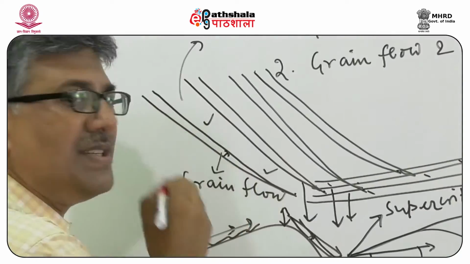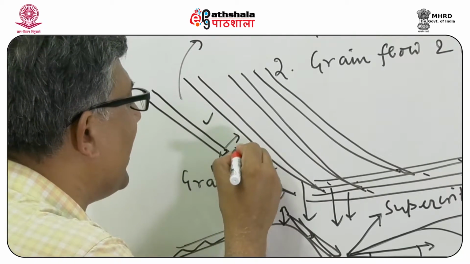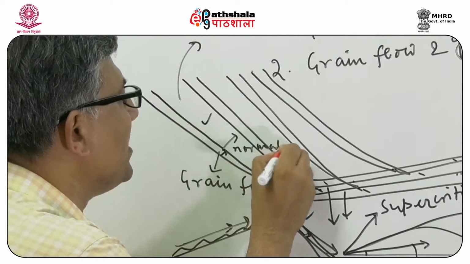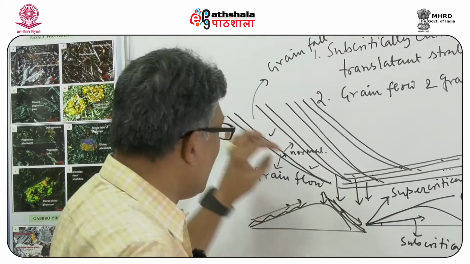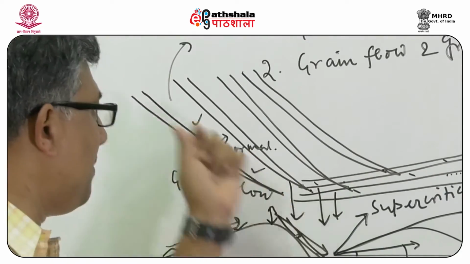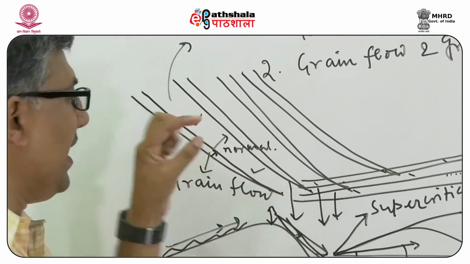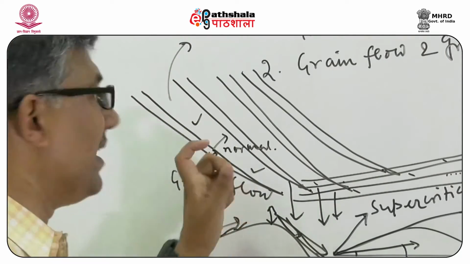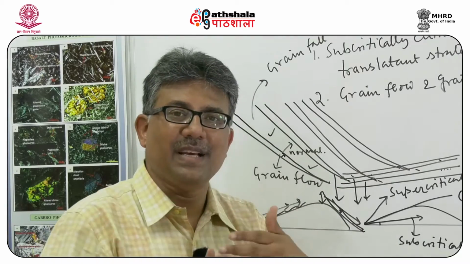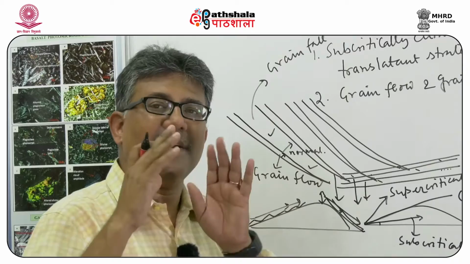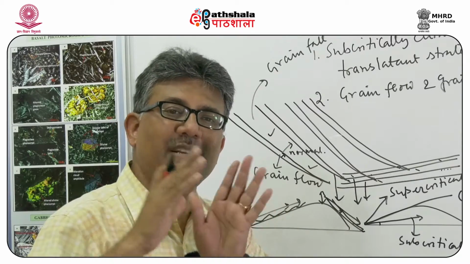Because it is suspension settlement, I will expect normal grading here. So you have grain flow wedging downward, grain fall wedging upward. Grain flow is internally reverse graded, grain fall internally normal graded, and their repeated succession is the product of dune migration in the Aeolian system.